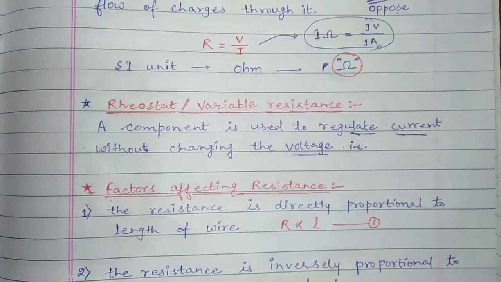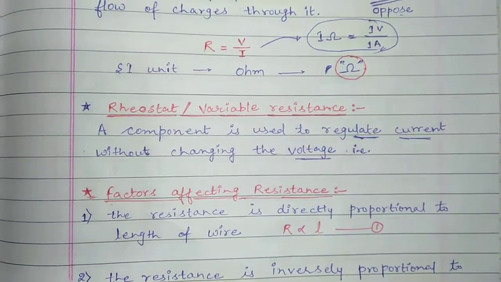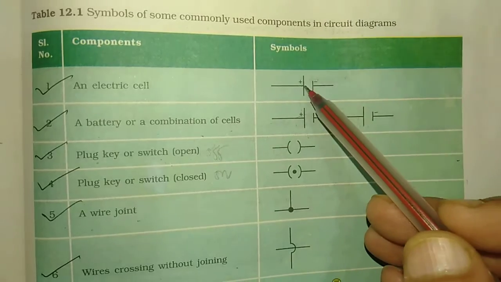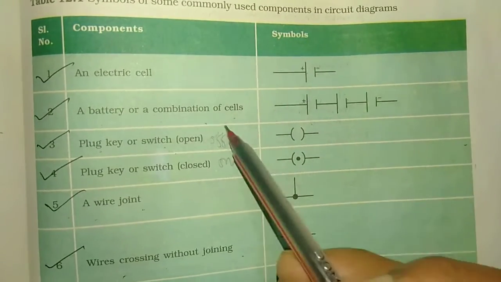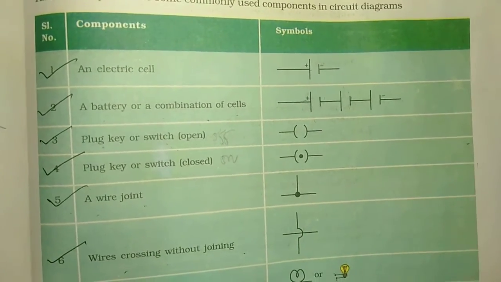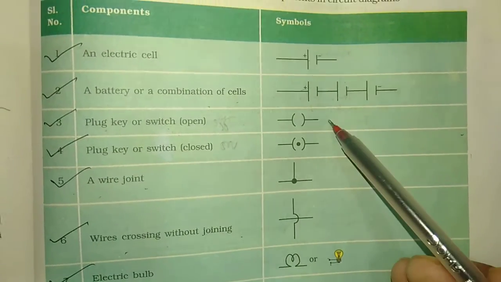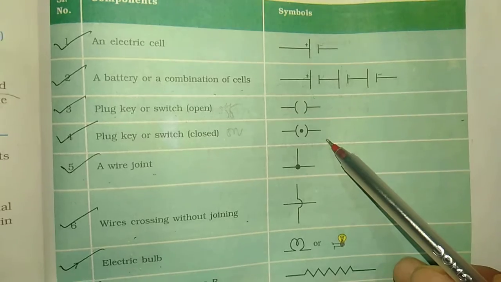Then student, about the circuit, we need to discuss some symbols here. This is the electric cell, and when we combine a number of cells, we get the battery. Then this is the open key and this is the close key.